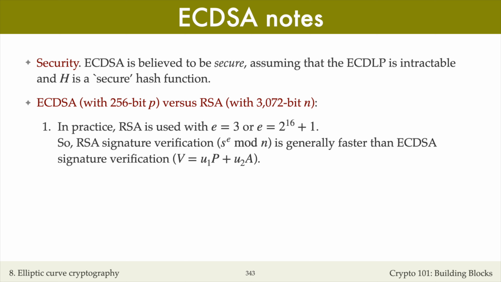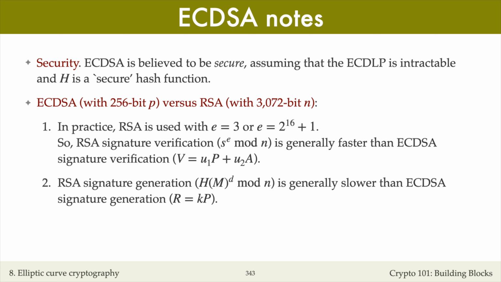If e equals 3, then this operation needs only 2 modular multiplications. On the other hand, ECDSA signature verification needs 2 point multiplications, and hence, even though RSA parameters are larger than ECDSA parameters, RSA signature verification is faster than ECDSA signature verification.